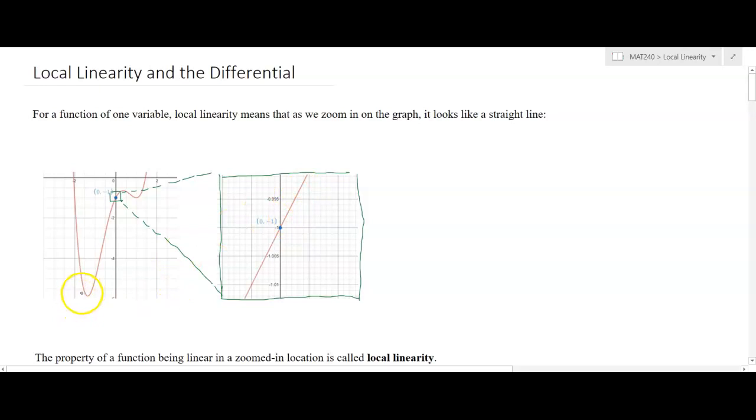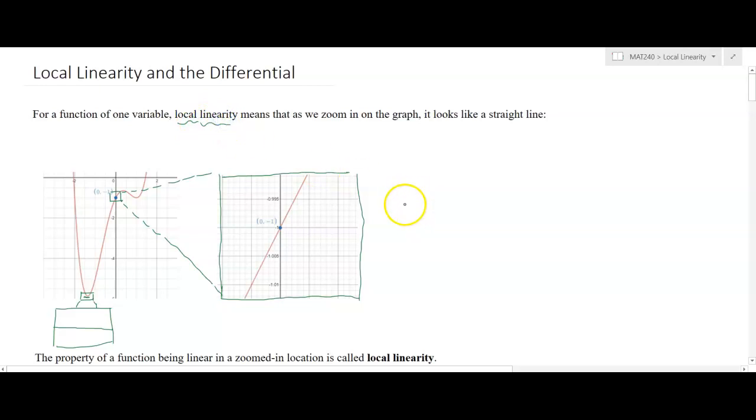Now a similar context would hold if you were to zoom in on, say, the minimum of a graph, which we know has a derivative of 0. So what we would likely see here is more of a flat line. And again, you'd have to zoom in pretty far, but when we talk about tangent slopes, what we're really saying is that in a local neighborhood, the function itself appears to be linear.